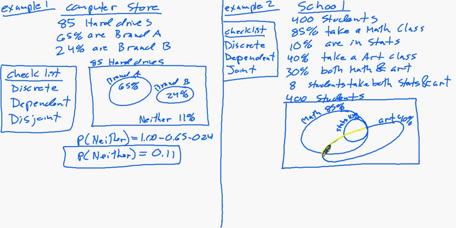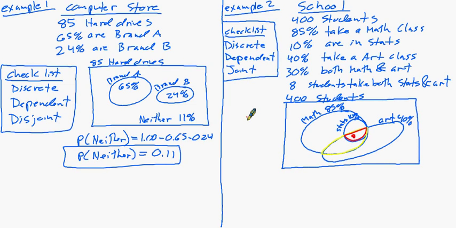Here's that intersection between math and art. So really, that's going to be our 30%. And these 8 students that take stats and art, well, that's just going to be right in here. 8 students, not 8%, 8 students.